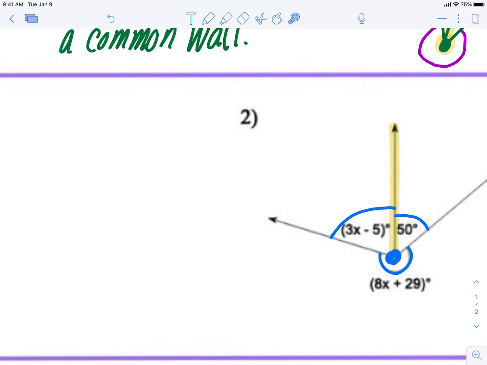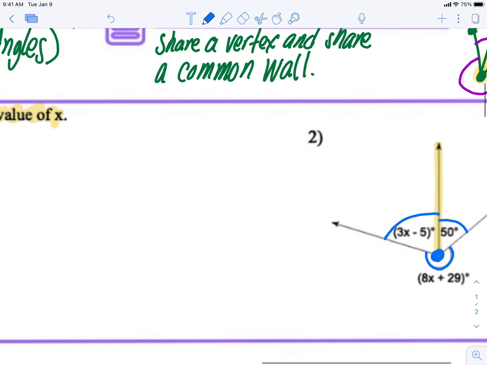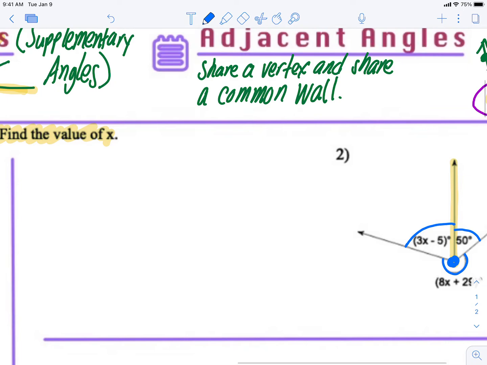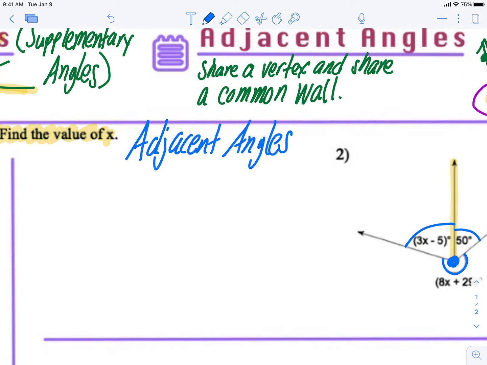So pretty much what we're going to do is add 3x minus 5 plus 50 plus 8x plus 29 is equal to an entire circle, which equals 360 degrees. Good. So we know that these are adjacent angles, right?